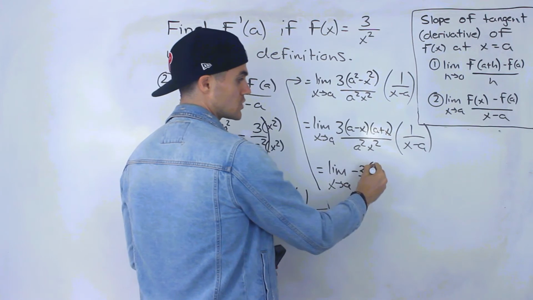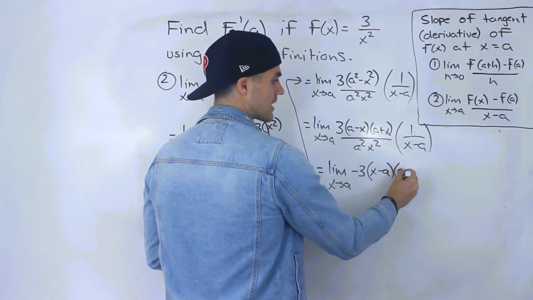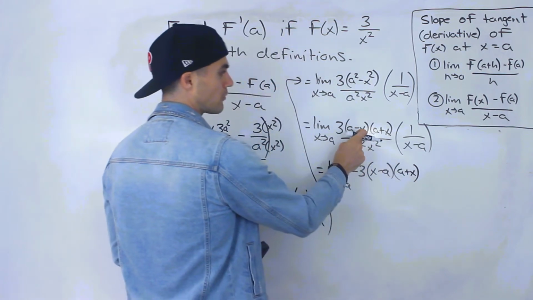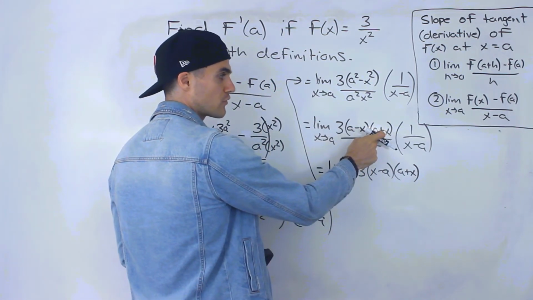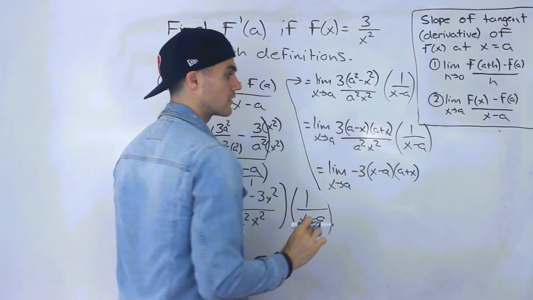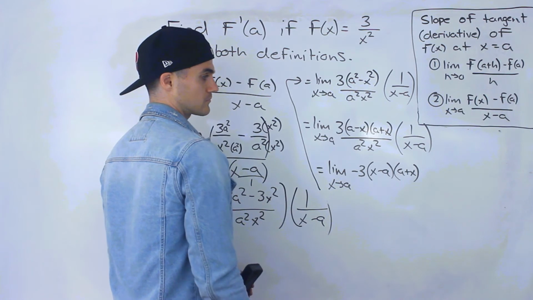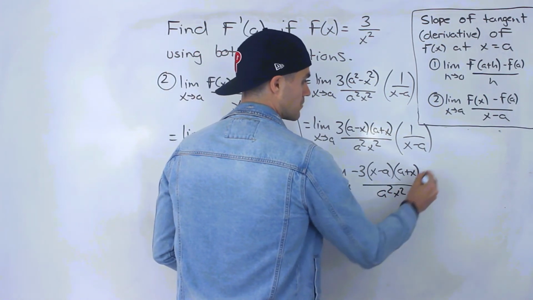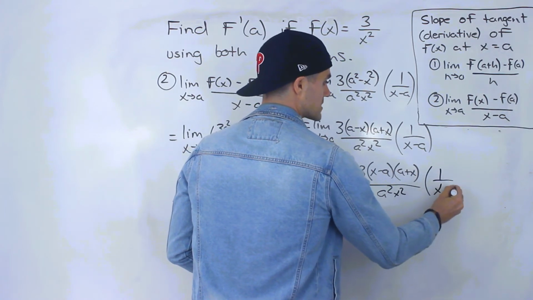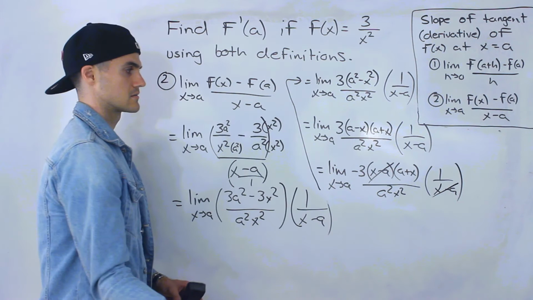All the signs would change, which is the same as x minus a. And then this a plus x stays the same. Remember, when we factor out a negative, we factor out from this bracket. We don't factor it out from this bracket as well, because we're multiplying all these terms. So that bracket here stays the same. All over a squared x squared multiplied by 1 over x minus a. And now what happens? X minus a's cancel out.